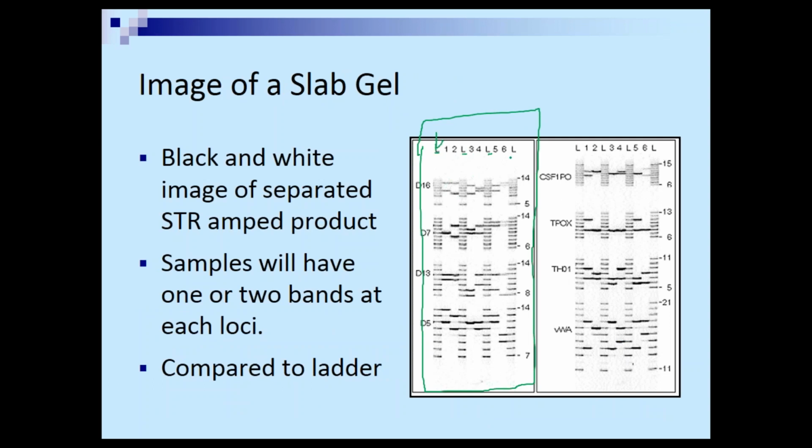Okay, if we want to look to see what a profile from a person would look like, so let's say we got Jamie's DNA here, and Jamie is person number 1. Well, at the location D16, S1525 or whatever it is, we can see that the ladder, if we read over here, is 5.